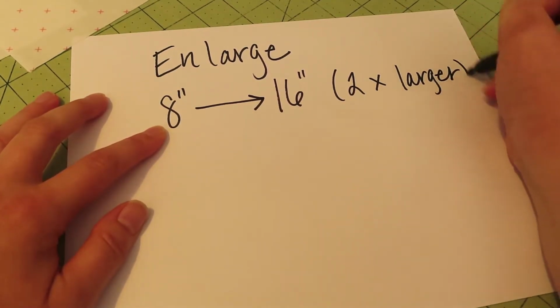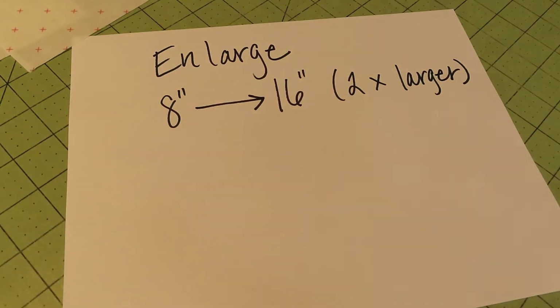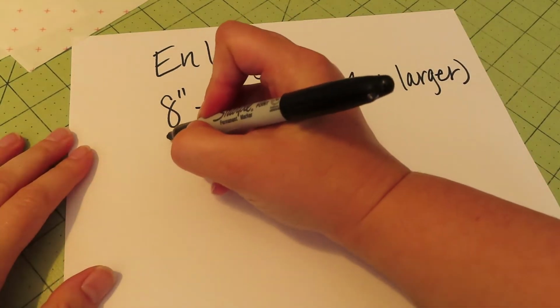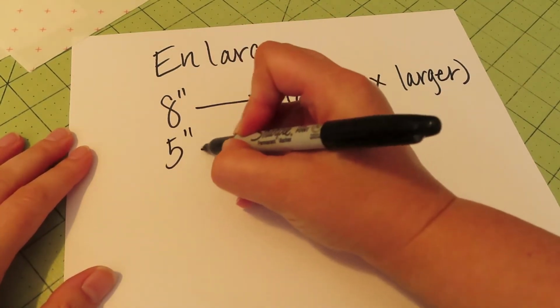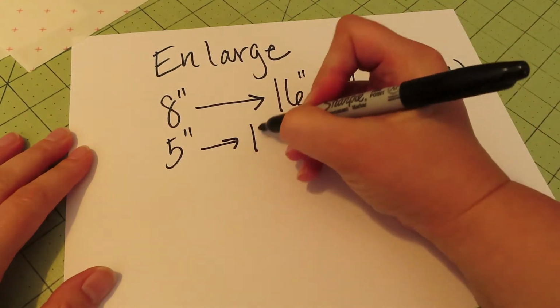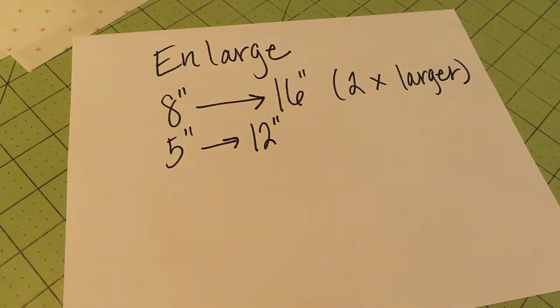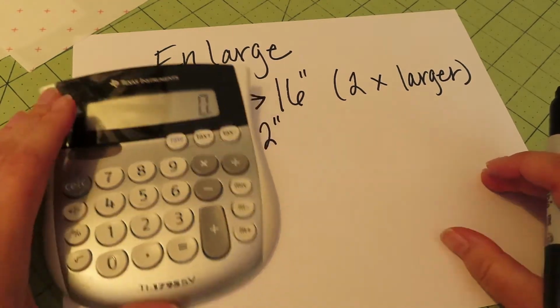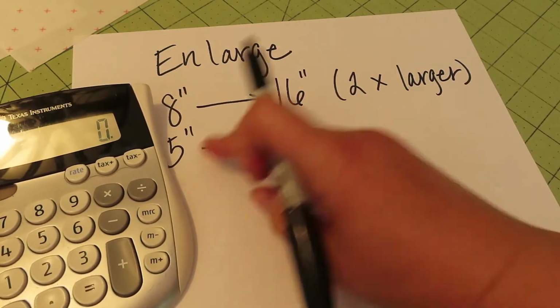Now if you had something that wasn't as easy to do mentally, like let's say I had a 5-inch block and I wanted to turn it to a 12-inch block. Then what you would do is you would divide your larger size by the smaller.